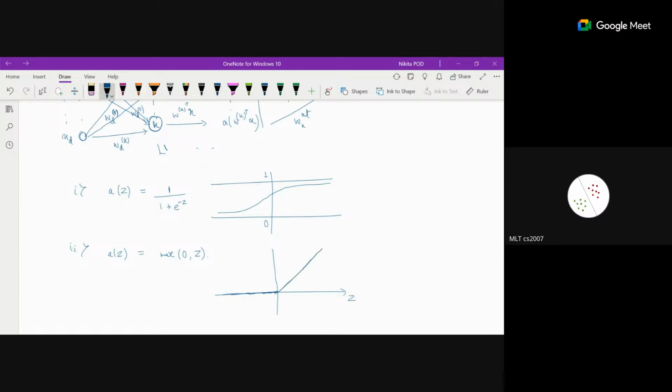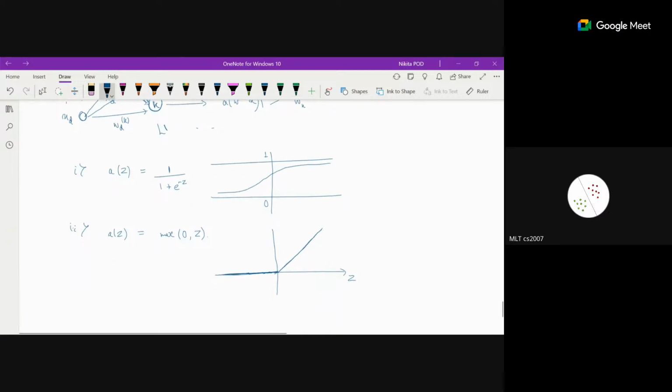So this is how this function looks. So these are two activation functions that are being defined.